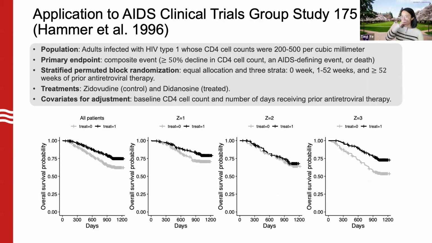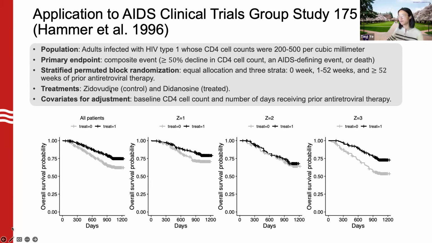Okay. Now I just want to show how the survival estimators perform in this example, ACTG 175. It's an HIV trial, and the primary endpoint is a composite endpoint defined by this. This trial used stratified permuted block randomization.